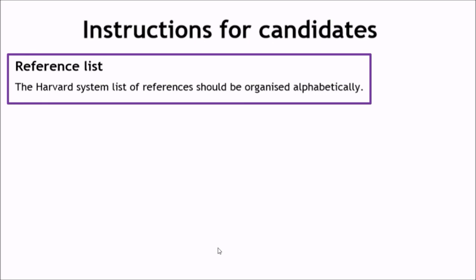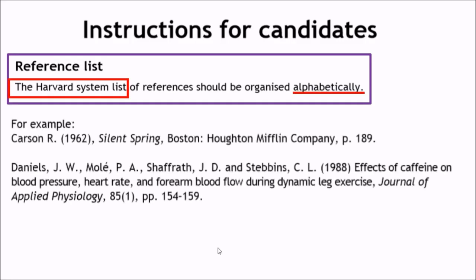Once you've done your citations, you then want to have a reference list at the end. So you say citation 3, but then you'll go to your reference list and you'll get the full information about that. If you've gone with the Harvard system, your reference list should be organised alphabetically. Based on all of the references and citations throughout your document, you list them alphabetically, so Carson before Daniels, for instance.